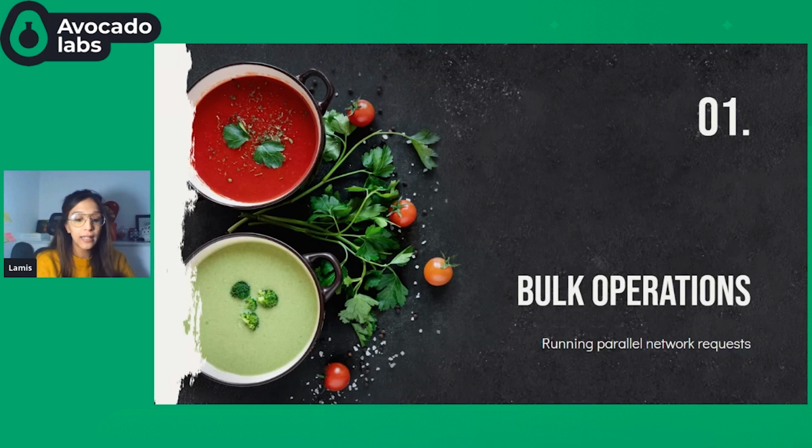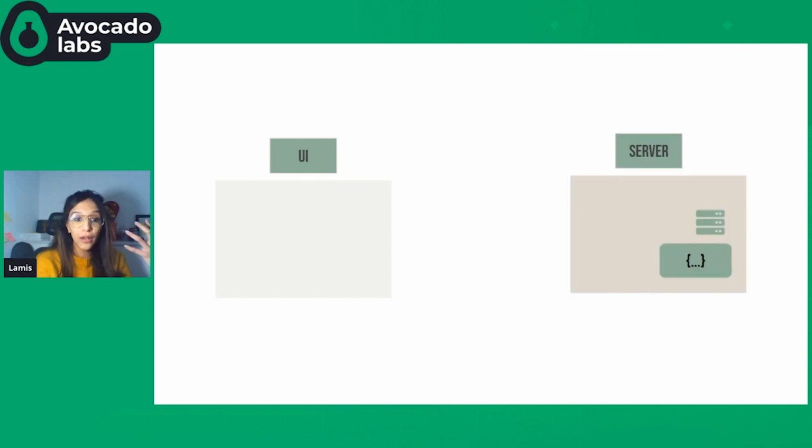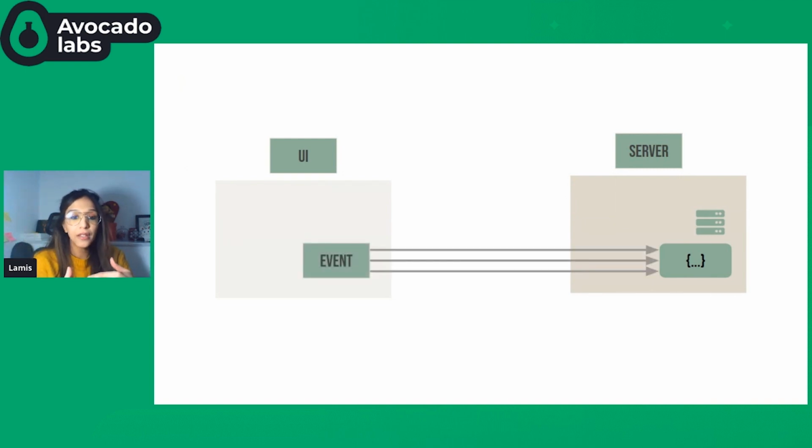When I say bulk operations here, I am speaking about bulk operations that are coming from the front end and hitting the RESTful API, hitting your backend. To be clear, here you have your UI layer and your server layer. You have an event that will call your server many times.